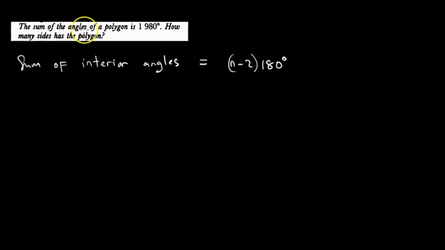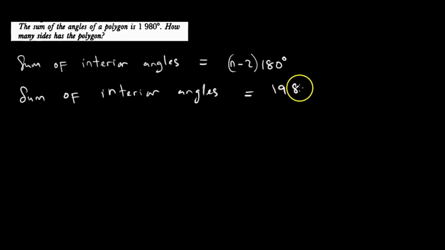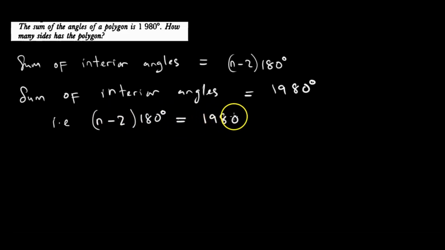But we are told that the sum of the angles of this particular polygon is equal to 1980. So it's logical to conclude that (n minus 2) times 180 degrees should give us 1980 degrees.